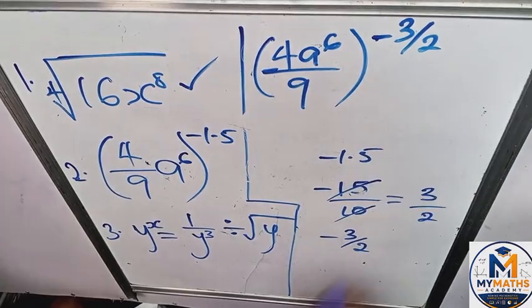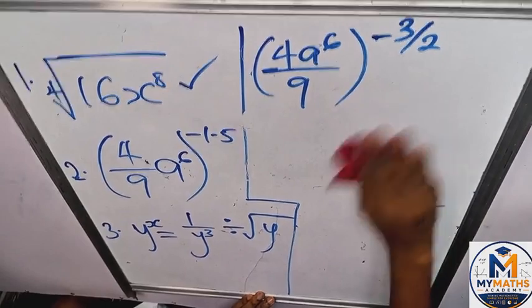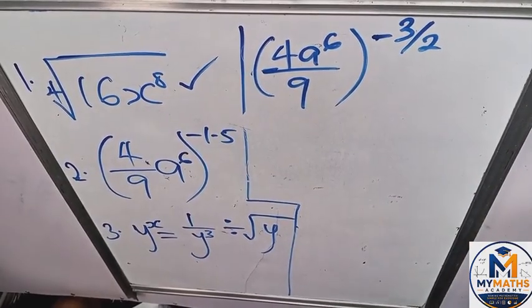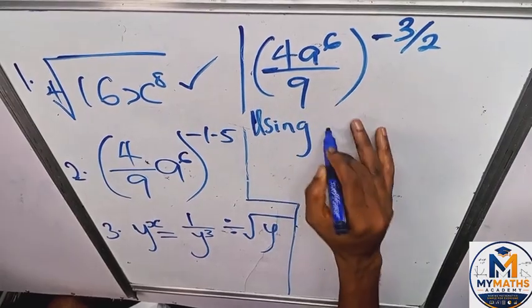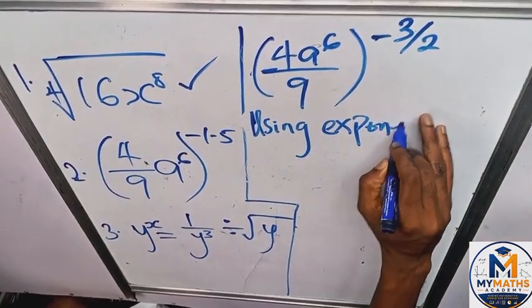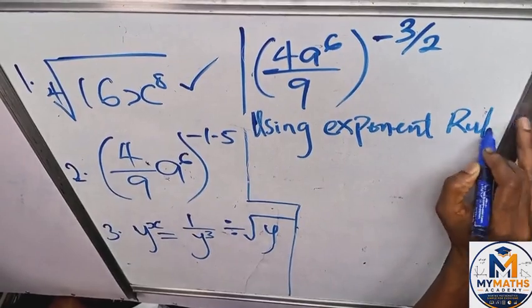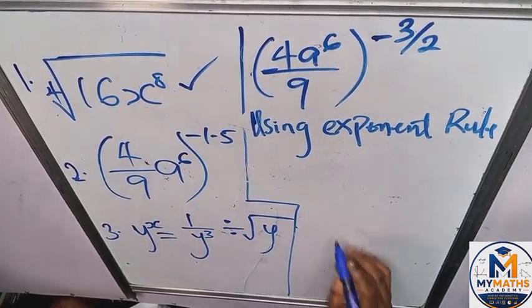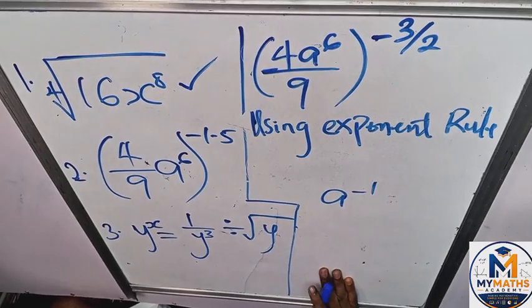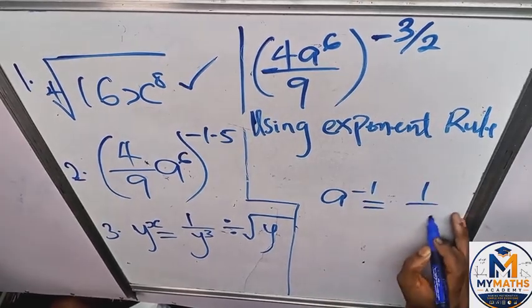So we have the bracket raised to power minus 3 over 2. Is that okay? Then the next thing you do is use the exponent rule. What is this exponent rule? For example, if I have a raised to power minus 1, it means 1 all over a.